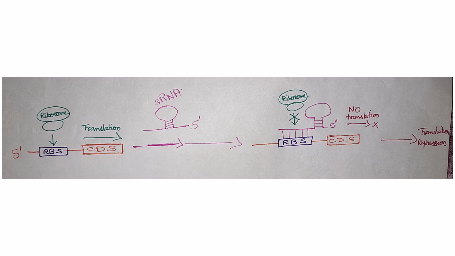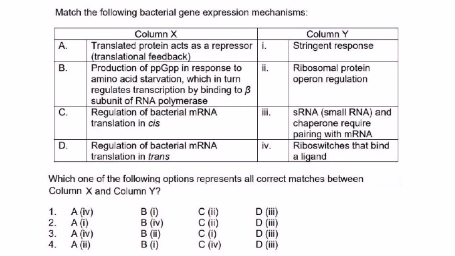Okay. Now come to the question. Translated protein acting as a repressor, that is translational feedback, is usually seen in your operon mechanism. In this mechanism, the repressor protein will bind to the operator and block the RNA polymerase from binding to the promoter, and thereby result in no transcription or translation of the structural gene.